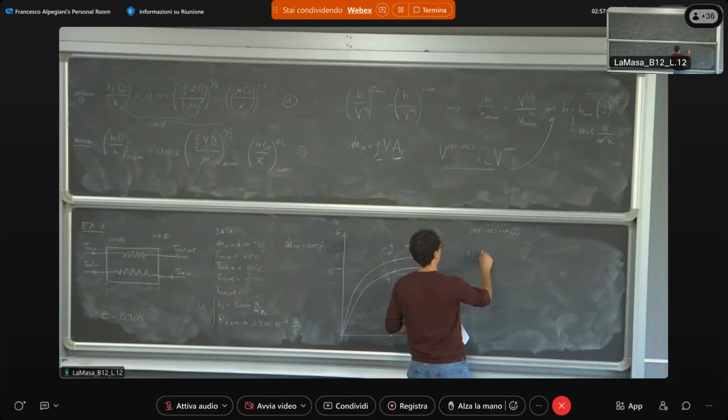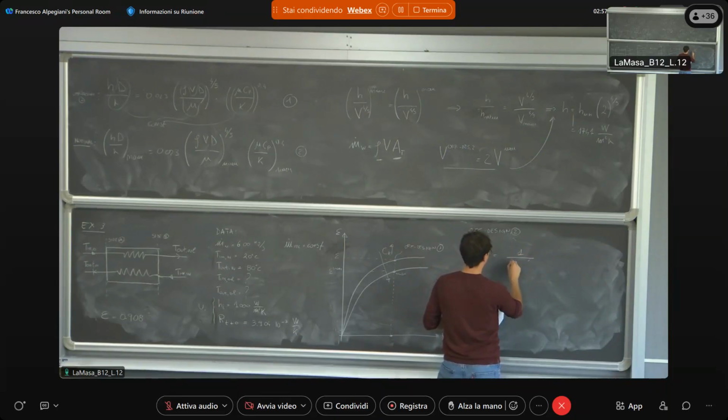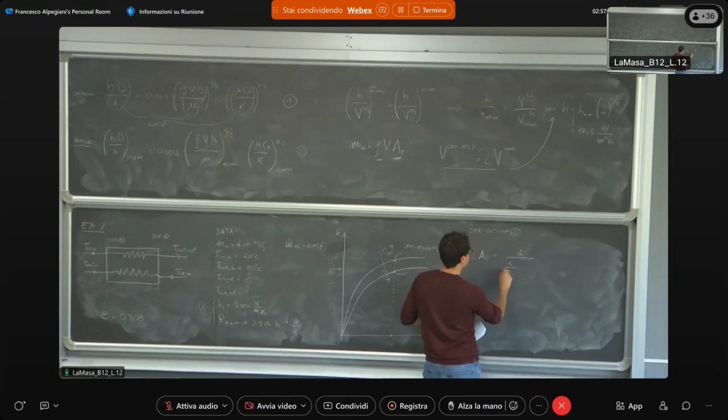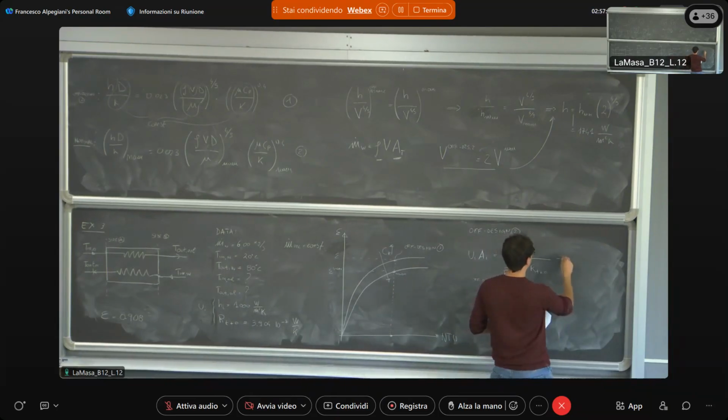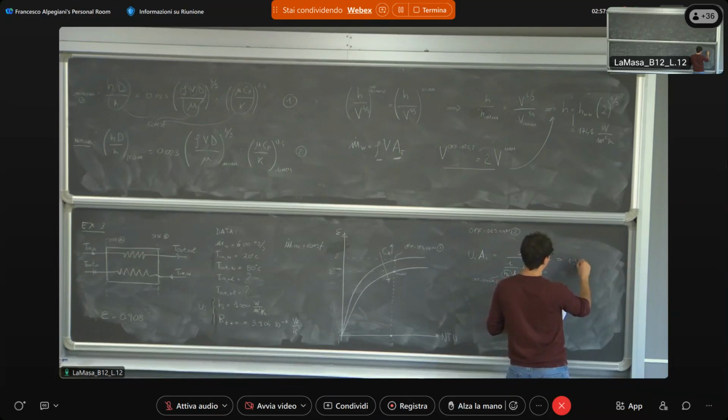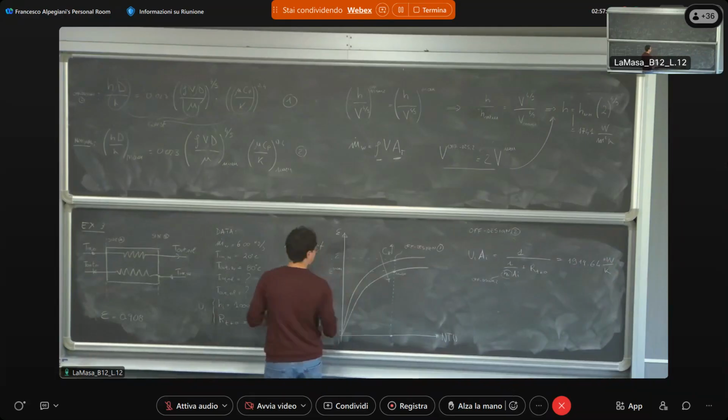So UI times AI is equal to 1 divided by 1 over HI, in this case the one that we have calculated now, so the one associated to the off-design 2, times AI, plus RT plus O, which remain the same. This comes equal to 1,919.64 kilowatt over Kelvin.